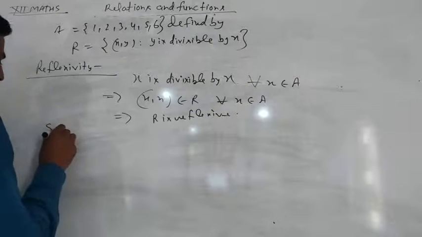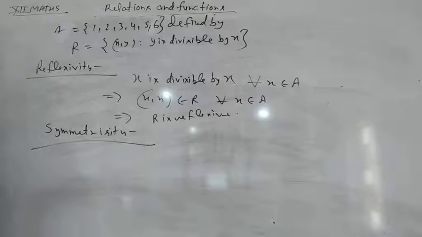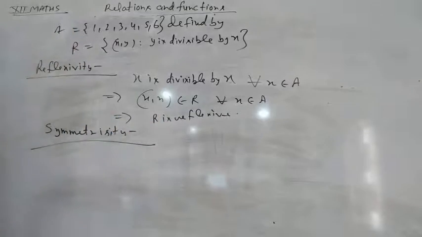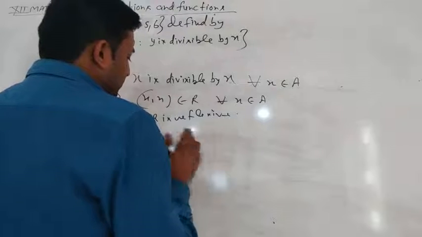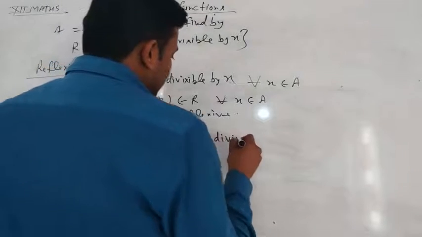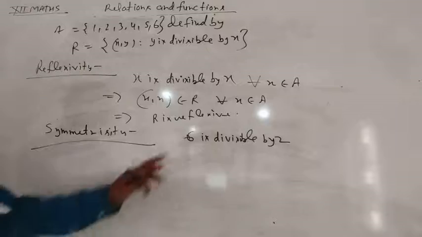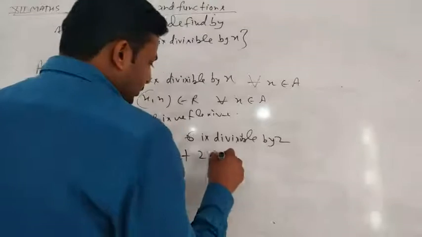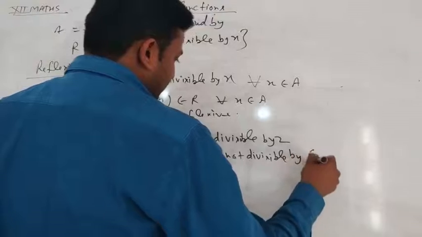Now symmetricity. What is symmetricity, student? Suppose we take an example: 6 is divisible by 2, but 2 is not divisible by 6.